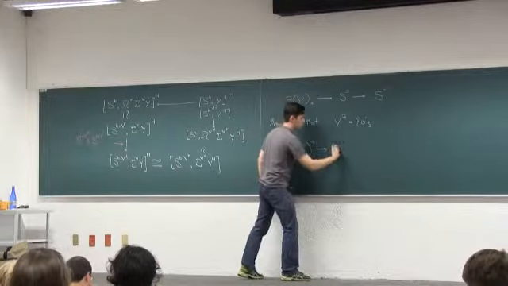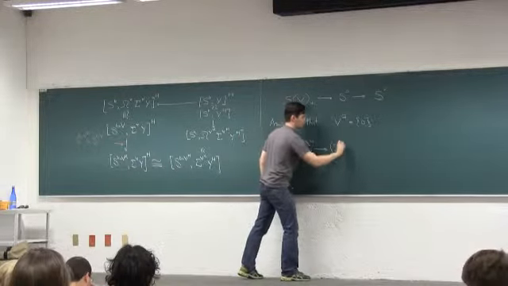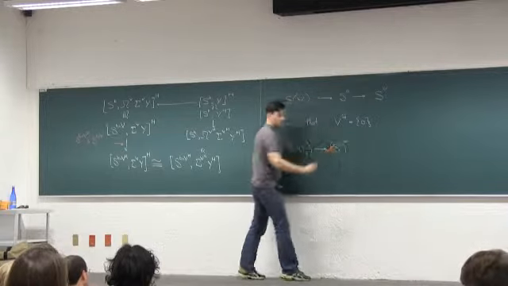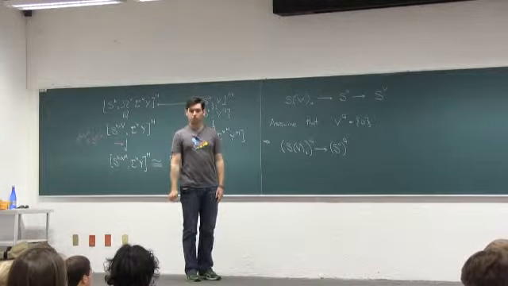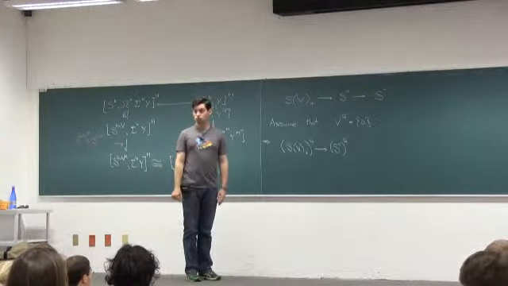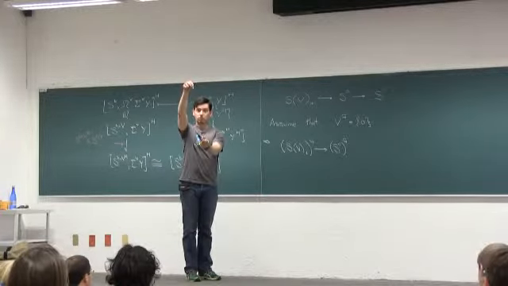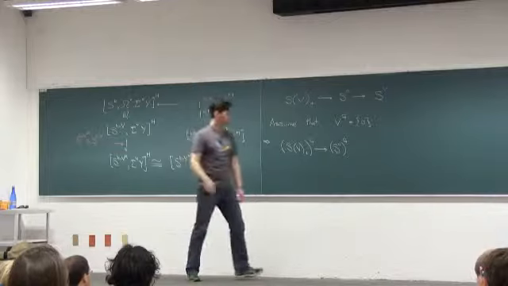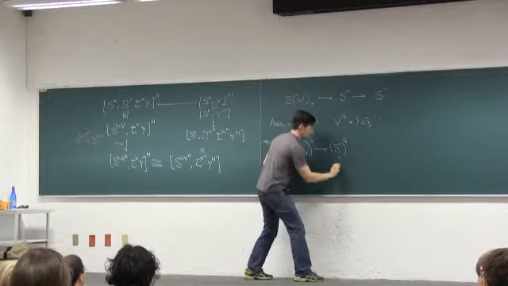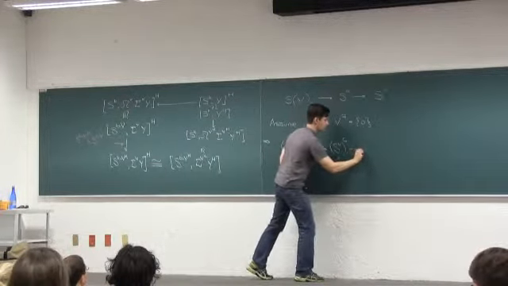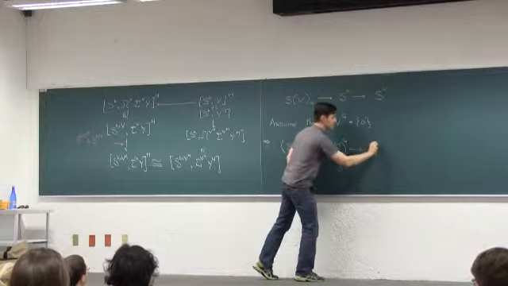What are the fixed points of the zero sphere? The zero sphere, I have 2 points. Both of them are fixed. So by definition, the fixed points are those 2 points. So this is, again, the zero sphere. What are the fixed points of the V sphere?